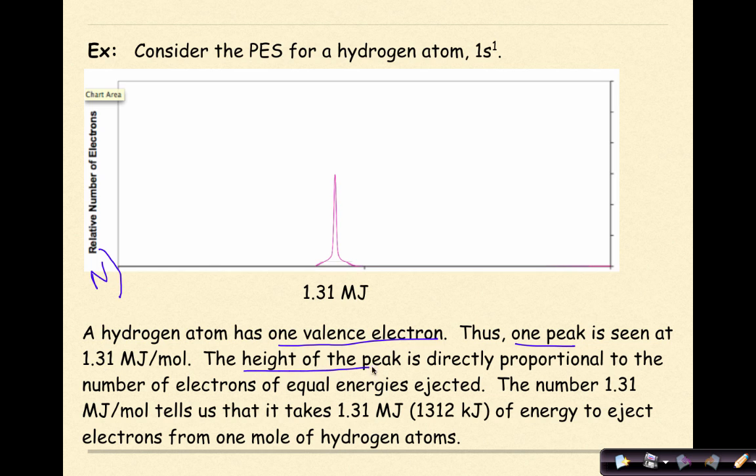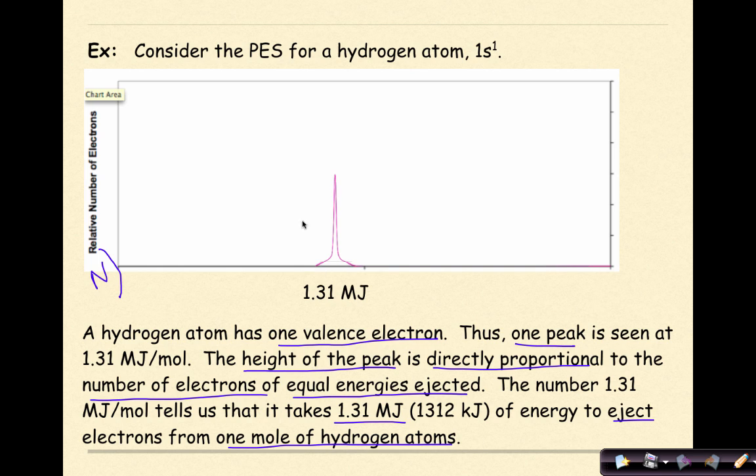The height of the peak is directly proportional to the number of electrons of equal energies ejected. The number 1.31 megajoules per mole tells us that it takes 1.31 megajoules, or 1,312 kilojoules, of energy to eject electrons from 1 mole of hydrogen atoms.